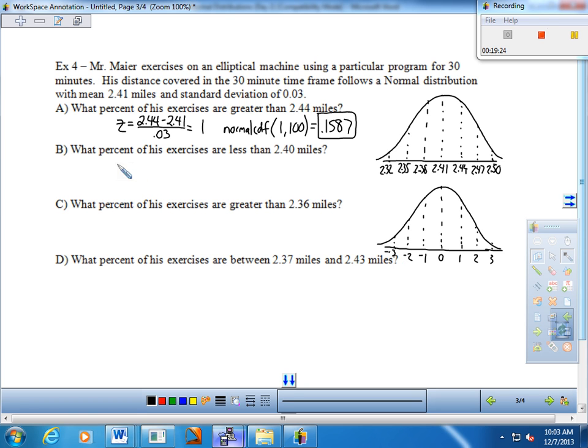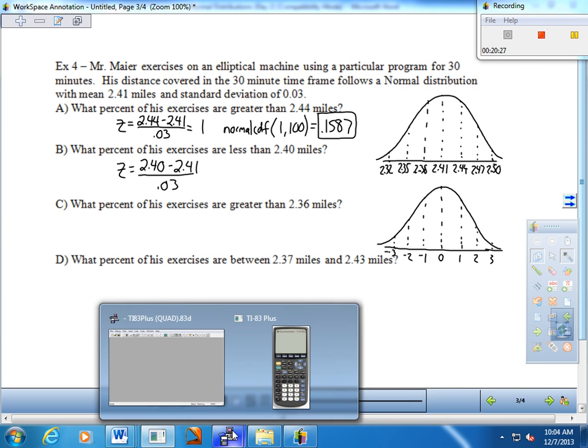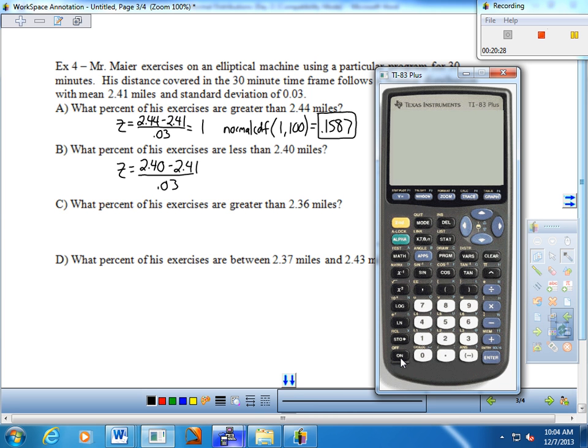It looks like we want to get a z-score from here, 2.40 minus 2.41, and let's divide that by 0.03. And again, should probably be able to do this without a calculator. I'm going to bring it up just in case. But to standardize that, we go 2.40 minus 2.41, divide that by the standard deviation, of course, and it looks like we get negative 1/3.